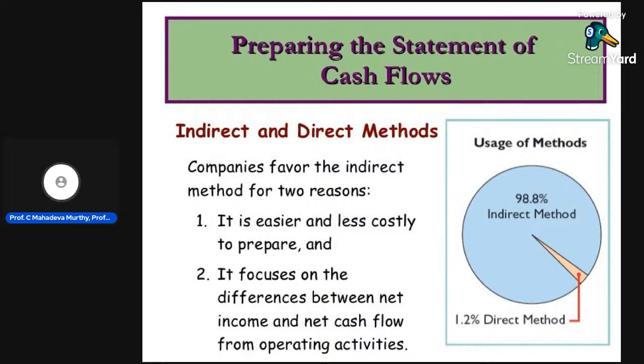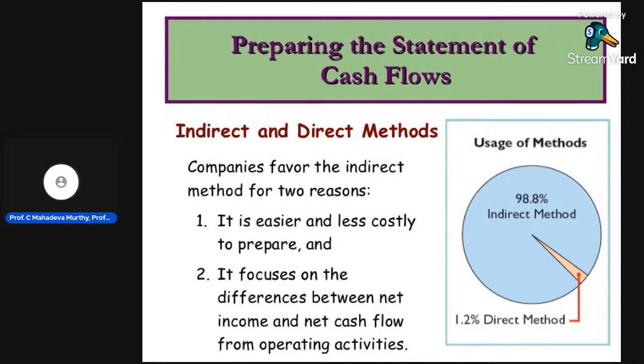Then preparing the statement of cash flows: there are two methods, the indirect method and the direct method. Companies favor the indirect method for two reasons: more than 98.8% use the indirect method, because it is easier and less cost to prepare.